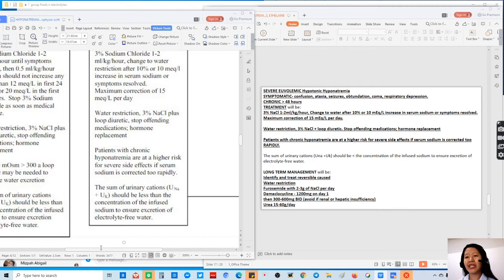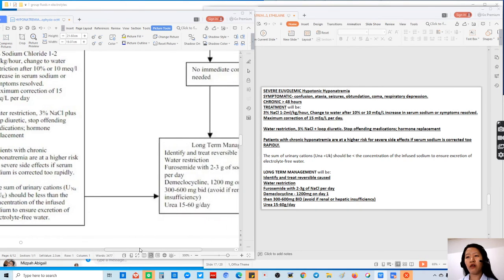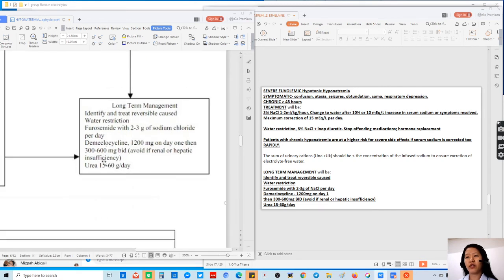And if it cannot be resolved, there will be long-term management. So for the long-term management, it is to identify and treat the reversible cause. Then there should be water restriction, administer furosemide with 2 to 3 grams of sodium chloride per day.